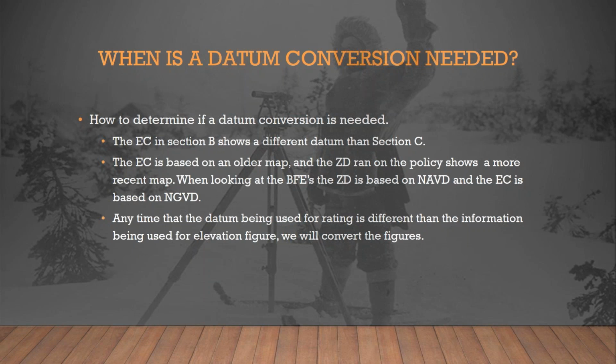If your zone determination is based on NAVD, but your figures are based on NGVD, we would have to do the datum conversion to verify that doing the conversion is beneficial or if that is how we're going to rate the policy. So any time that you see a difference in datum, whether it's from your zone determination to your elevation certificate or between your two sections, you would have to do a datum conversion.